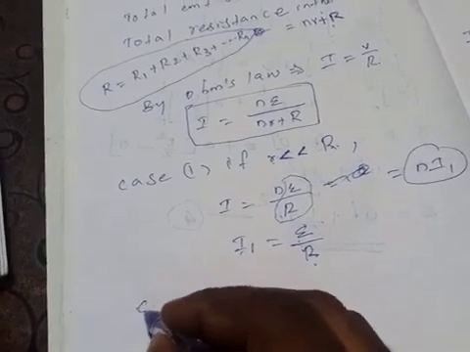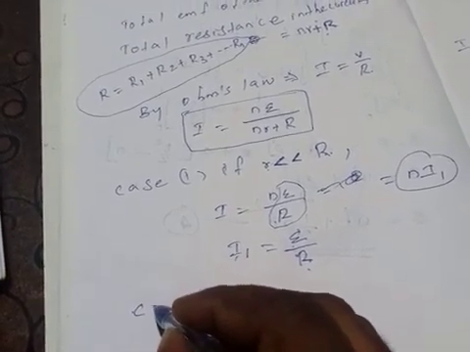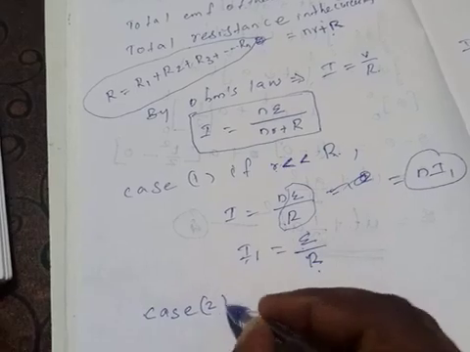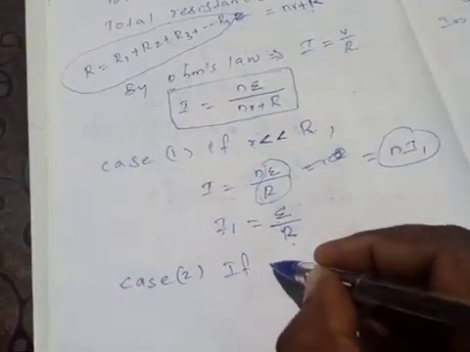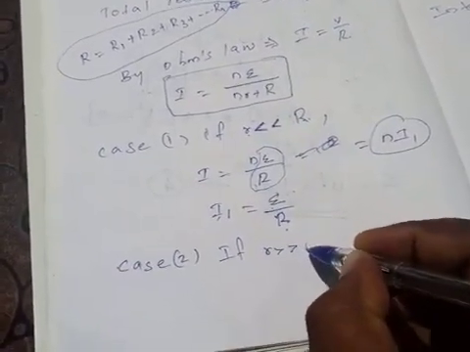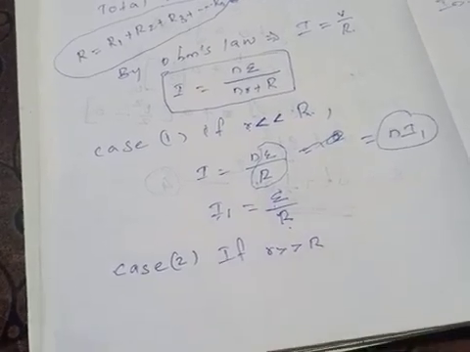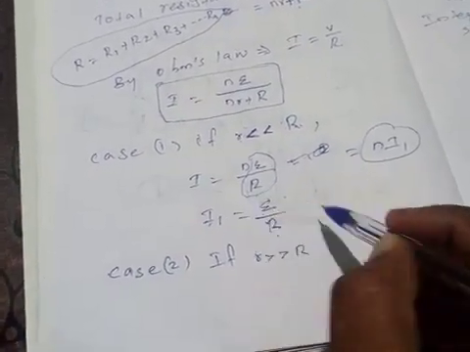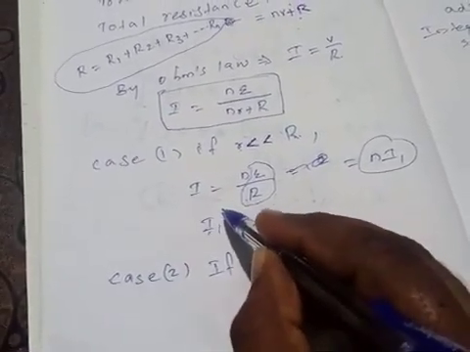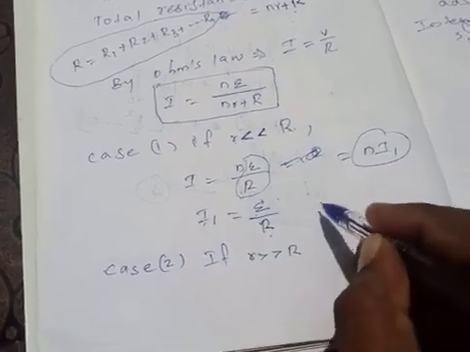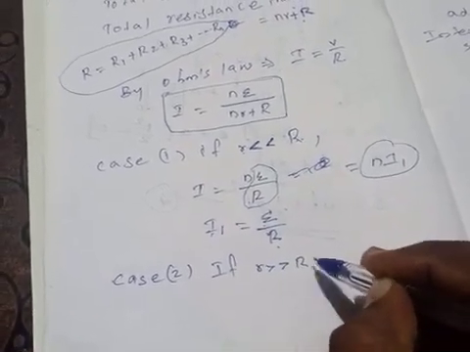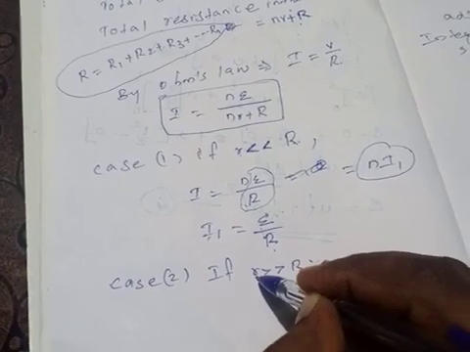Let us see case 2. Another case, case 2, is if r is very much greater than R. If r is very much greater than R, what will happen? Let us see. Now the internal resistance r is greater.